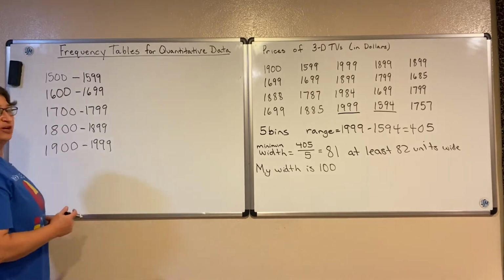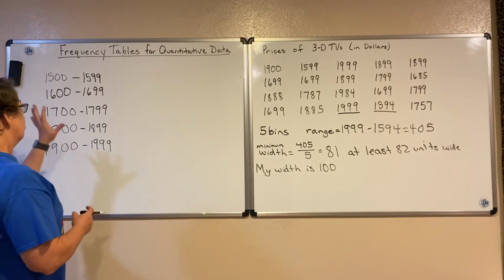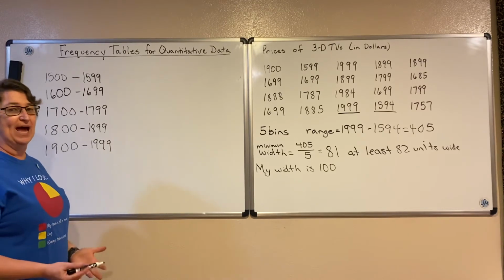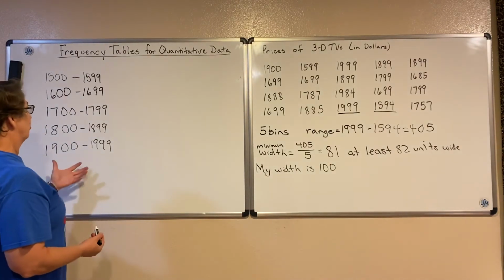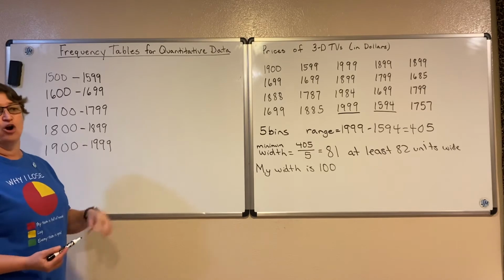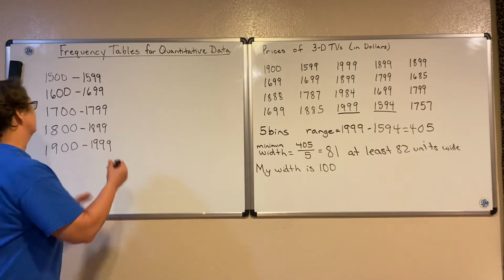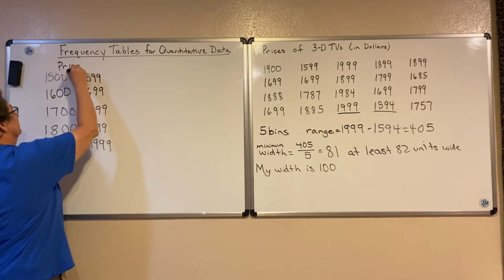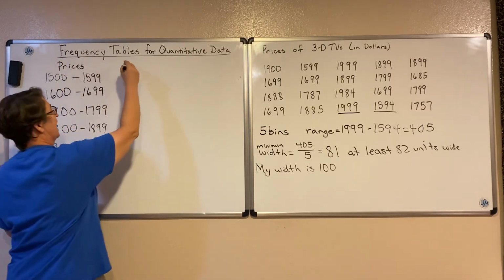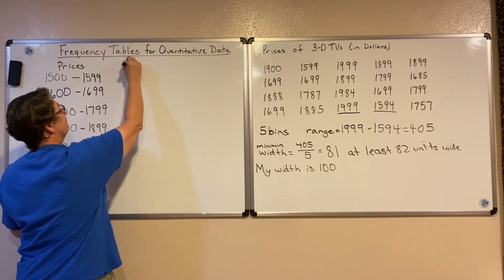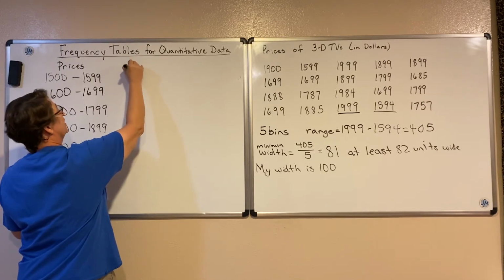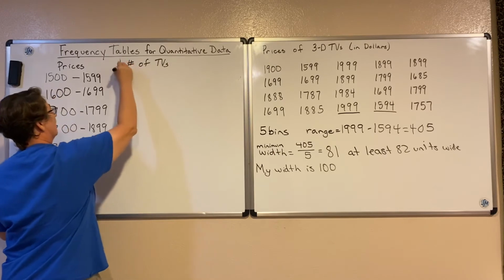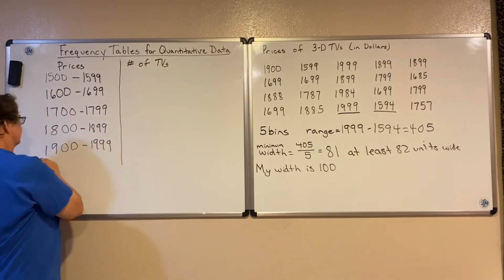Now, in order to make a frequency table, once we have our classes or bins, it's not too bad. Now we are just going to count how many are in each one of those categories. So here, these are my prices. And on this side, I'm going to put the frequency, or the number of TVs in each of those categories.